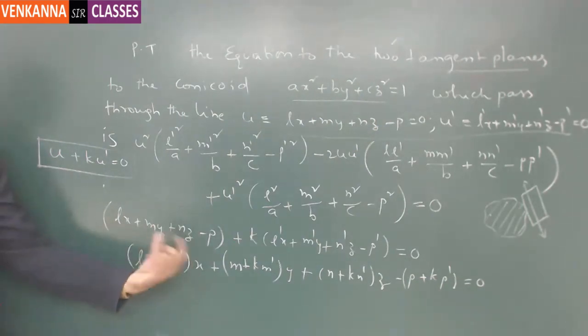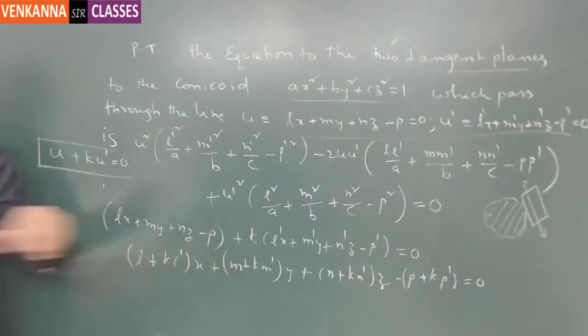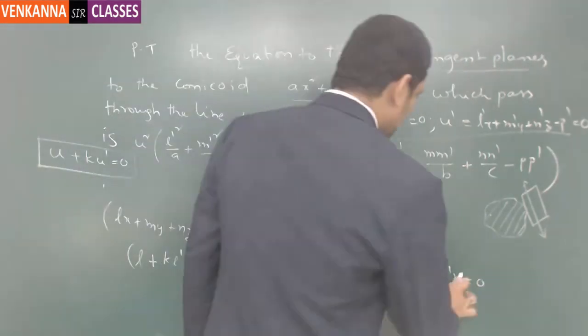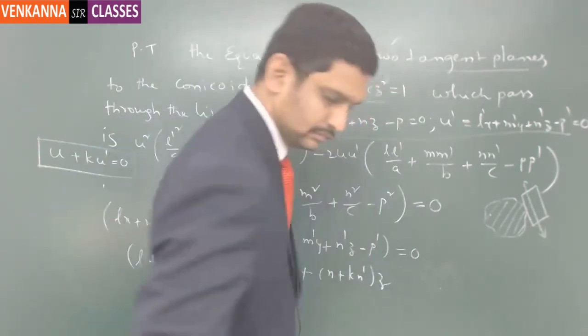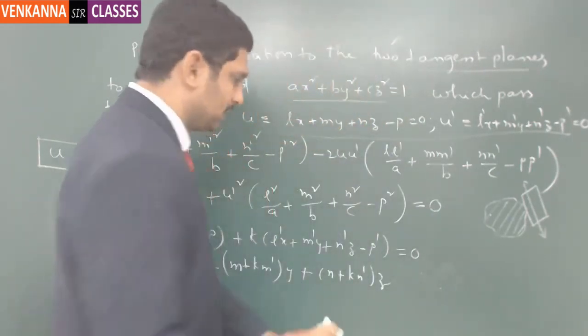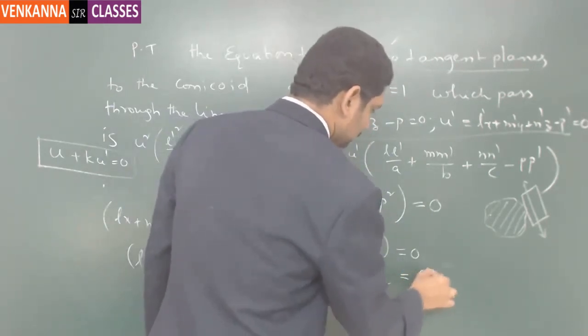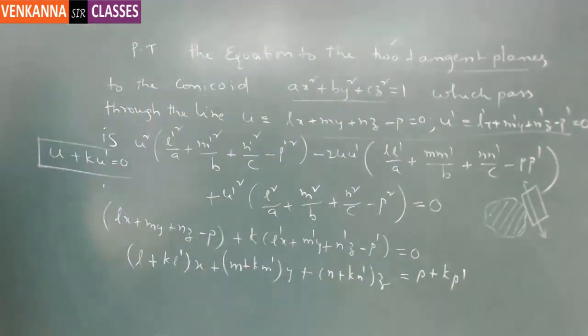So you can modify that. You can take the constant to the right hand side, so this is nothing but P plus K P dash. You can write like that. So this is the required plane which is passing through the given line.